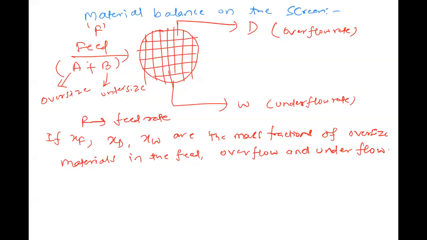Obviously, if particles are passing through the screen, there will be a flow rate. If the particles pass through the screen size, they are undersized particles, so there will be an underflow rate. If particles are retained on the screen, there will be an overflow rate. Yes or no? So this is the meaning of this.